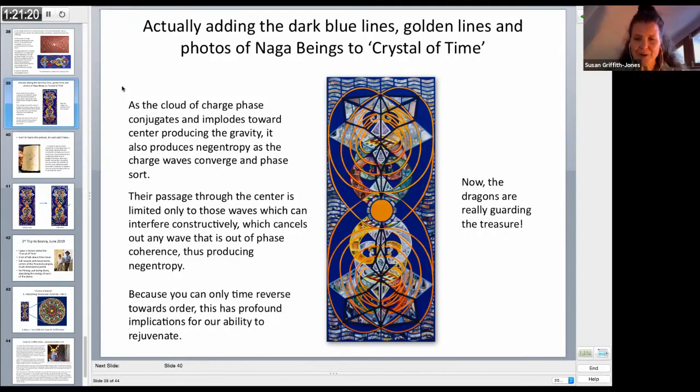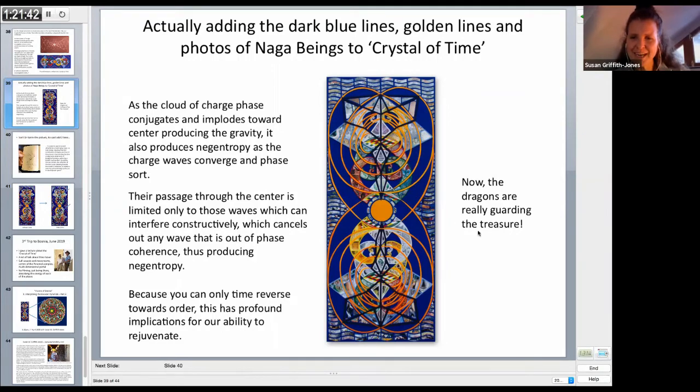So now that I've added here all the photographs, in fact, all the photos you see on the outside and all these photos throughout the whole piece, they're all dragons and snakes and serpents. Anything to do with the serpentine being is included as part of these photographs.